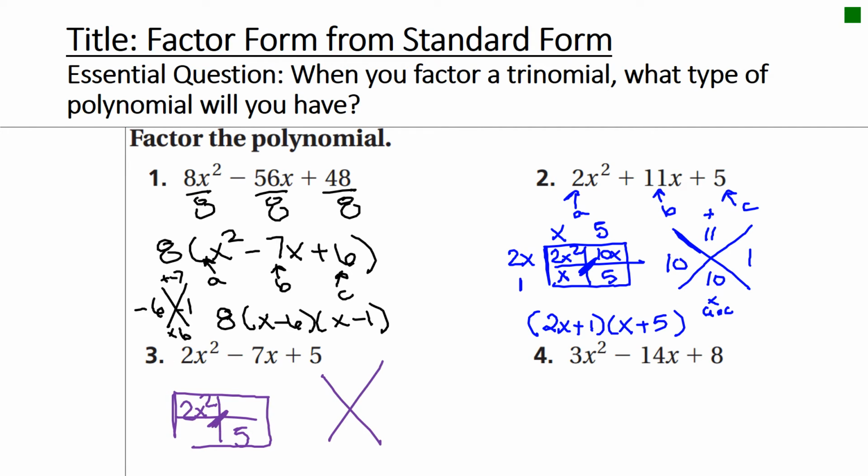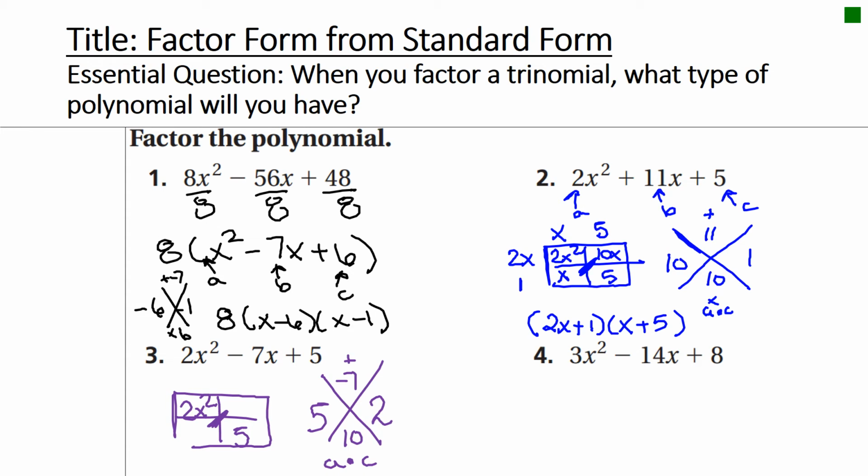We're going to do that by what plus what is negative 7, and multiplied is a times c. 2 times 5 is 10. Again, what plus what is negative 7 and multiplies to 10? The only two numbers I'm thinking of are 5 and 2.